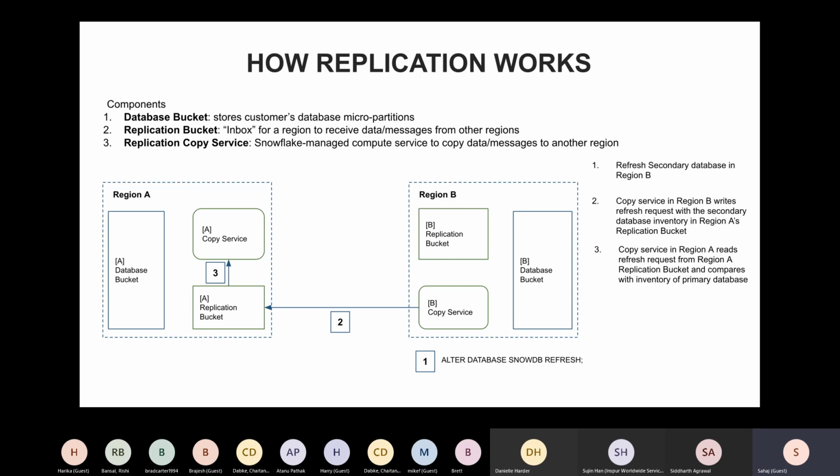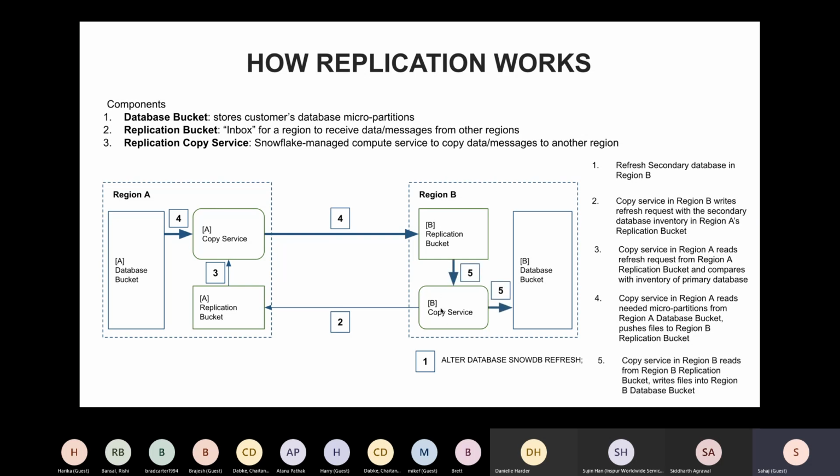I'll do a diff and figure out what additional files need to be sent over, what additional metadata needs to be sent over to region B. Once I do that, I'll read that additional set of data from the database bucket and start replicating it into the inbox of region B. And finally, the service here will read that data and write it into the database bucket of region B. This is a very simplistic view of what's going on. There's much more detail here. For example, all the data that lives in your database buckets is encrypted.